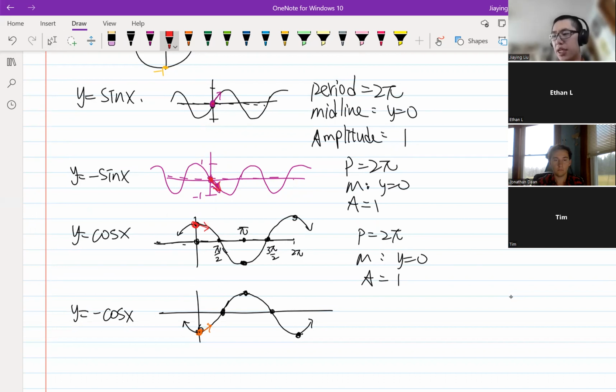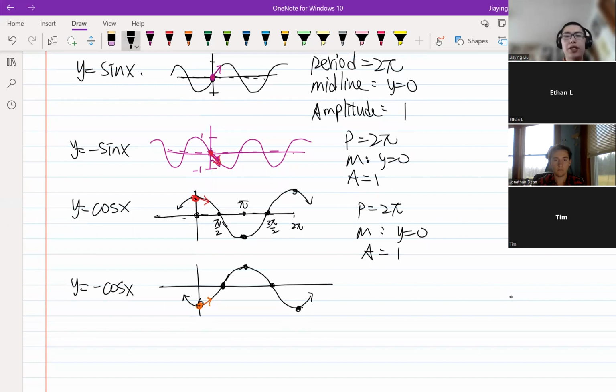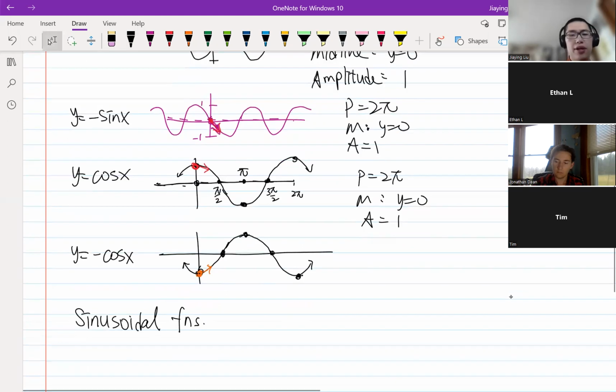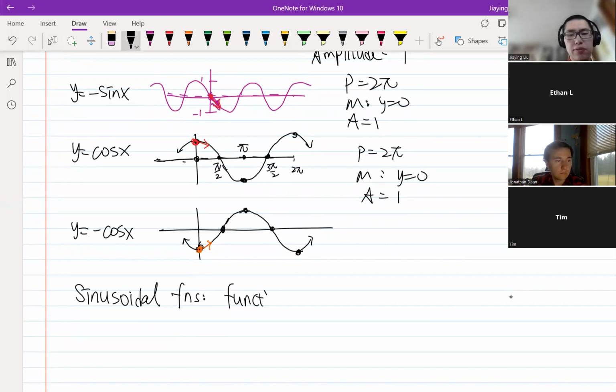All right. So the next thing I want to talk about is sinusoidal functions. It's just a group of functions that looks like and behaves like sine and cosine.